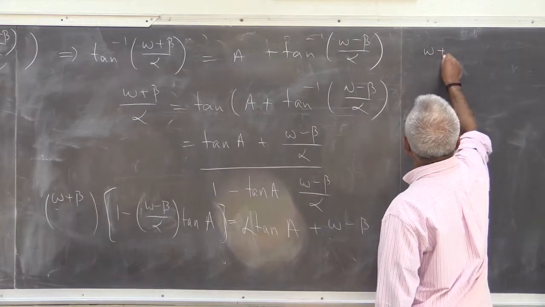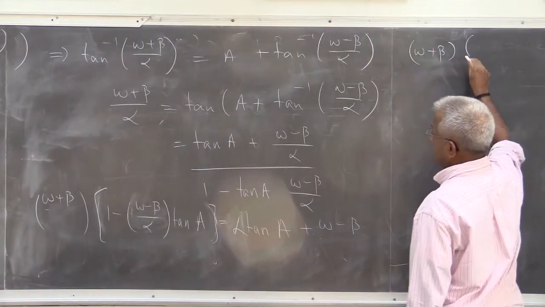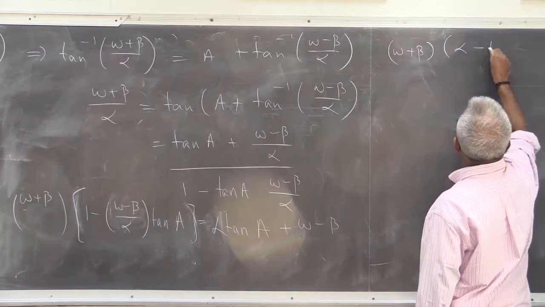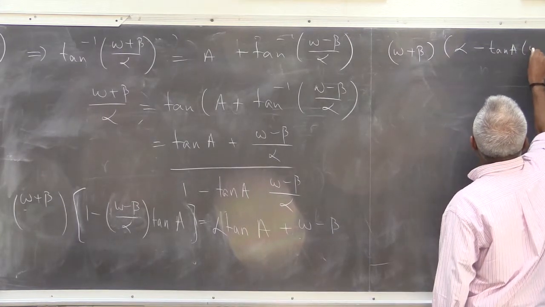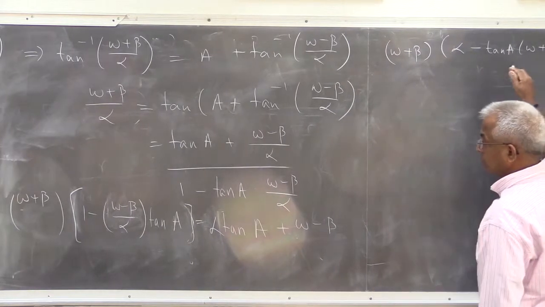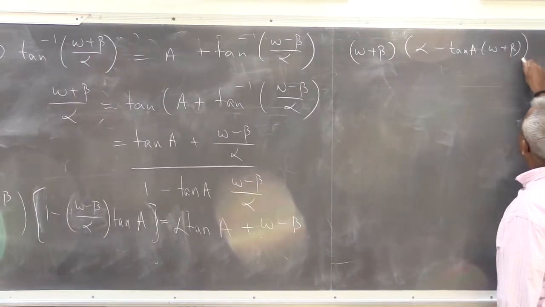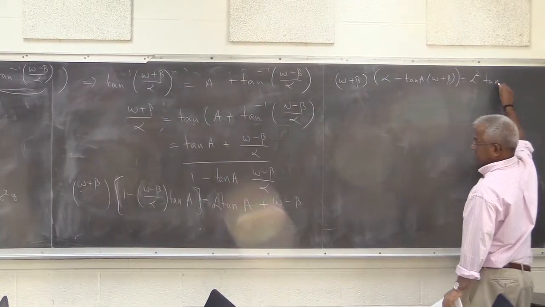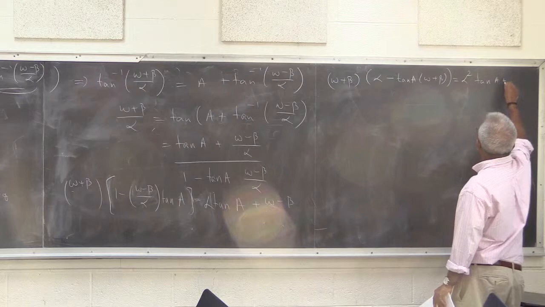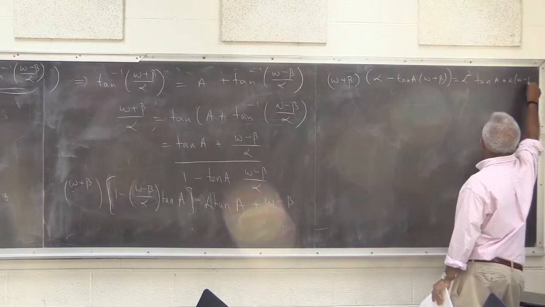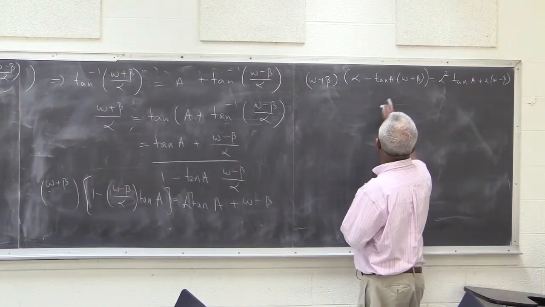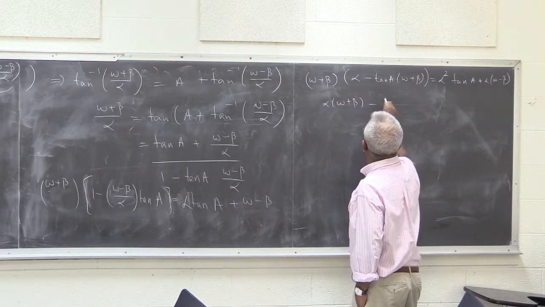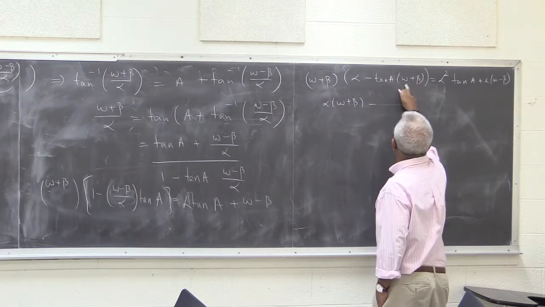So I get omega plus beta multiplied by alpha minus tan A multiplied by omega plus beta from the top line equal to alpha squared tan A plus alpha multiplied by omega minus beta.